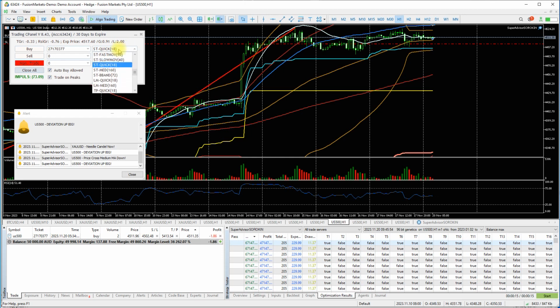We can use fast moving average, slow moving average, also stop quick, so this and the blue one. You can have a band, medium line, this one, Bollinger Band, it will be here, and limit orders. So there are lots of already predetermined logic if you want to trade manually. So you can open a position by yourself and let the system just move your stop loss. It's a simple option.